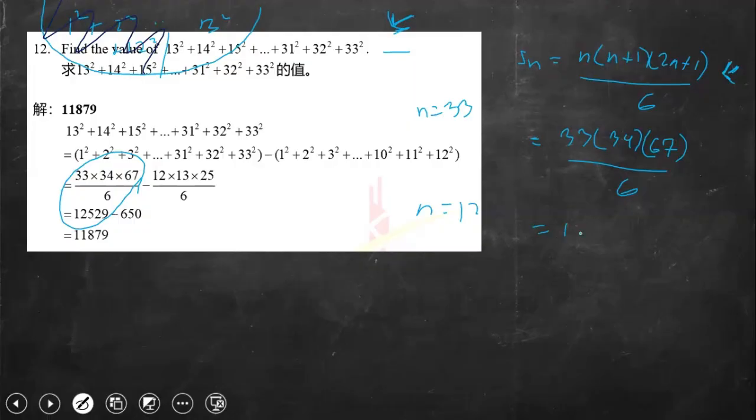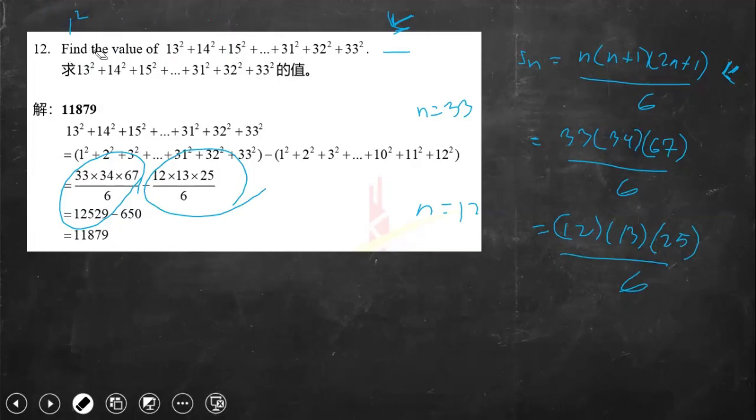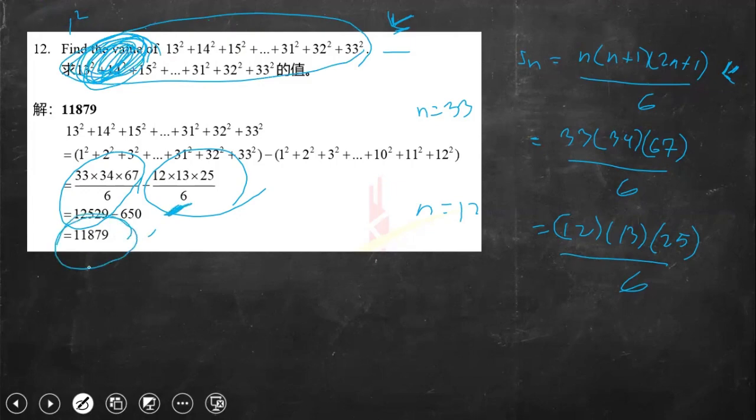We have 12 times 13 times 25 over 6. Subtracting from the whole the beginning parts, the 1 to 12 parts, we get this, and then end up with this.